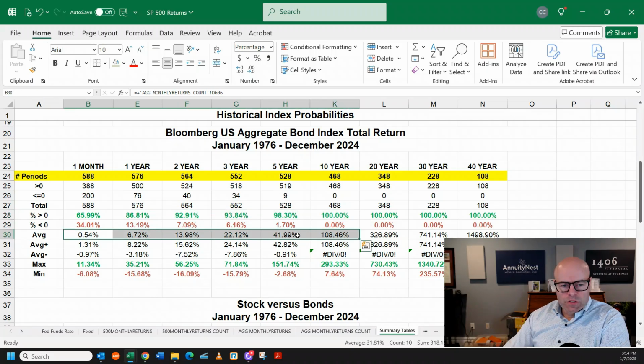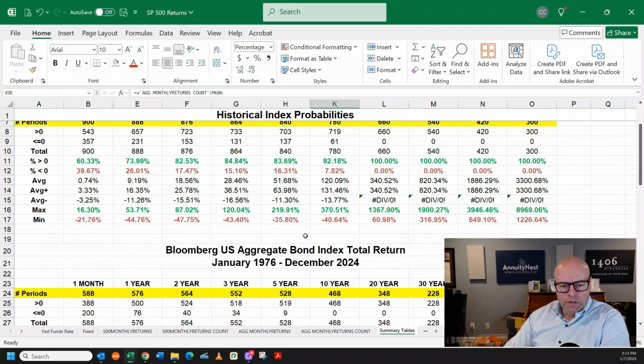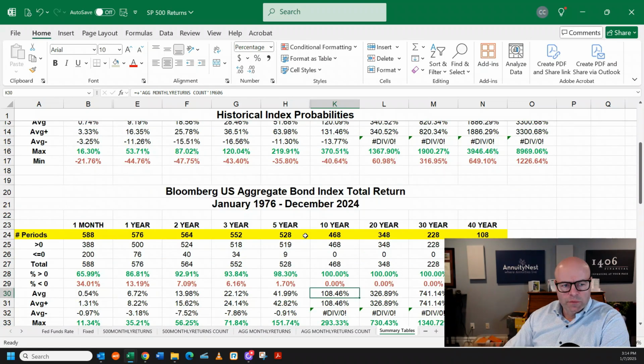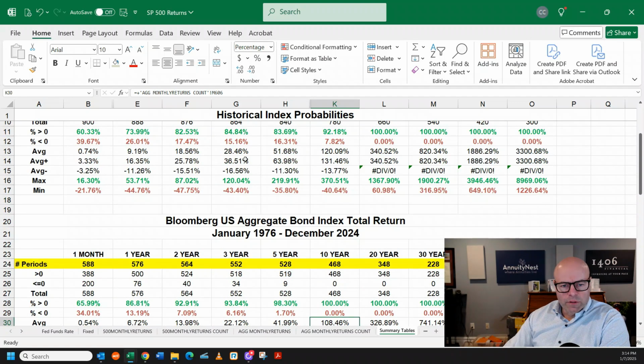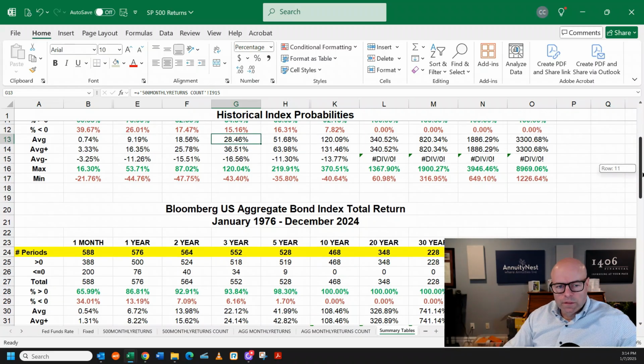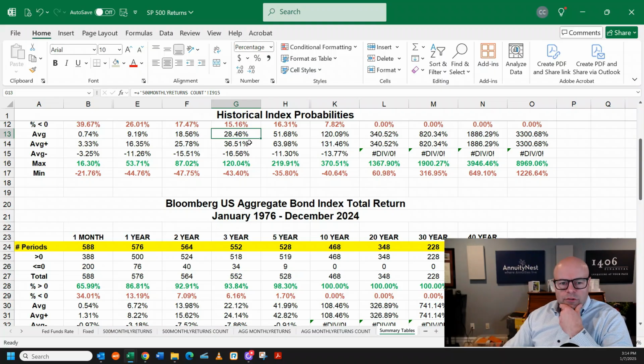The averages are less. The average total return for 3 years is 22%, 41 for 5, 108 for 10. Let's see, can I get these both on the same screen? Average for stocks over 3 years is 28, bonds 22.